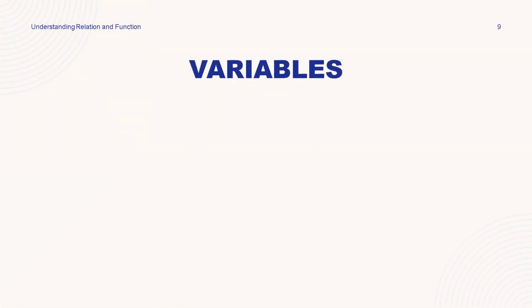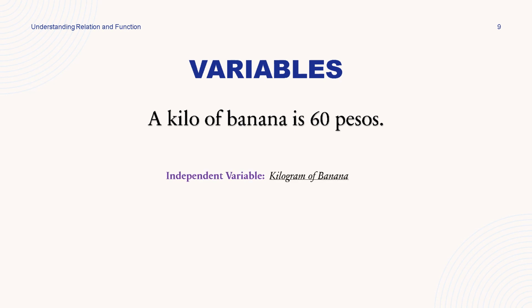We have variables in this case. A kilo of banana is 60 pesos. As you can see, this is an example in real life where there is a function. So let's talk about the independent variable. The independent variable there is a kilo of banana, because the kilo of banana works as the independent one to know how much you're going to pay.